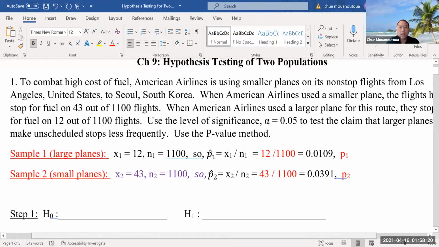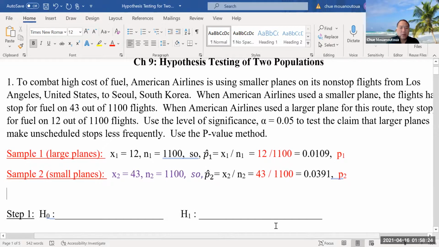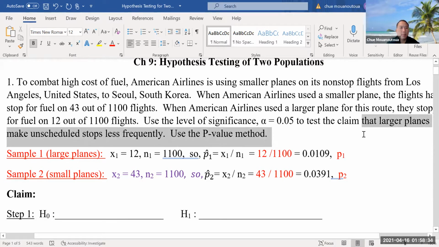Now, remember that we have to go for the claim. What's the claim going to say? The claim says the larger plane makes stops less frequently. What does that mean?